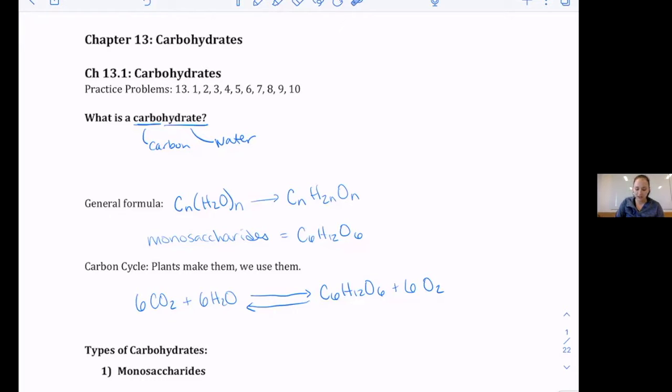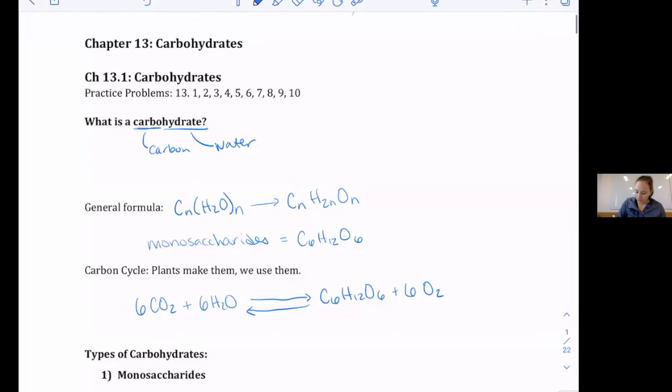And then additionally, this is huge in the carbon cycle. Plants make sugars and then we use them, so we break them down. I'm sure a lot of you in your biology classes have talked about photosynthesis, where the plants take carbon dioxide and water and turn them into sugars.